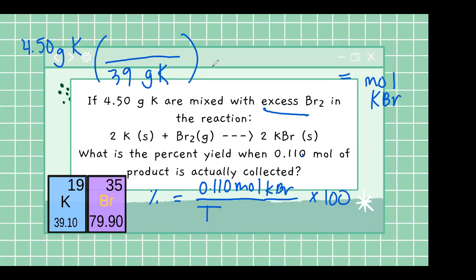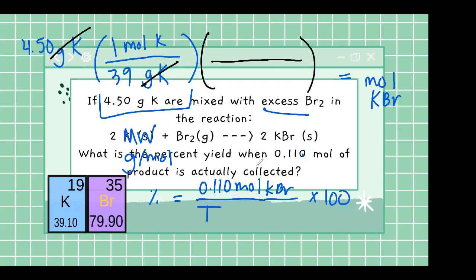1 mole, yeah, 1 mole K. So this is the molar weight, right? Grams per mole, that's the ratio. So now that we have moles of K, what's our next step? Right, so we bring that 1 mole of K down here.